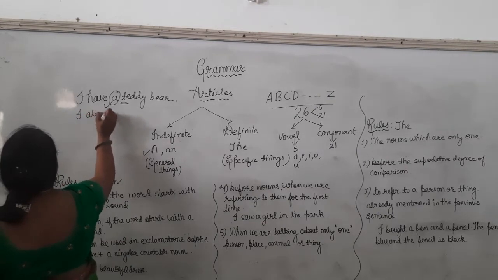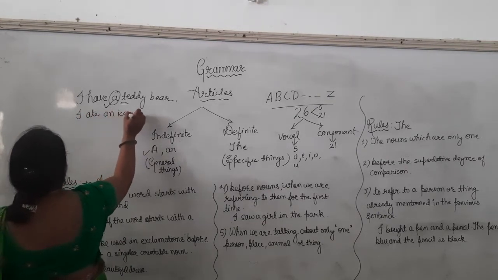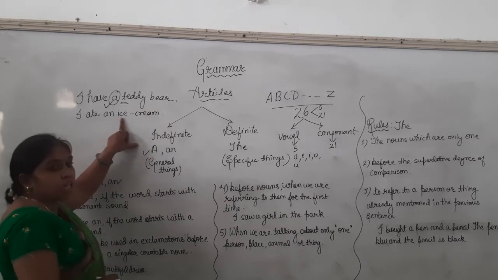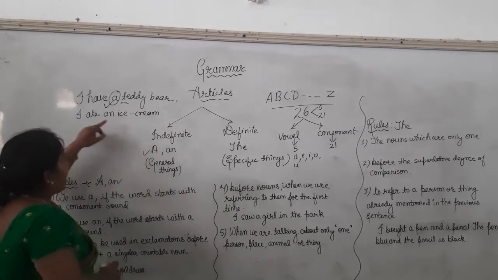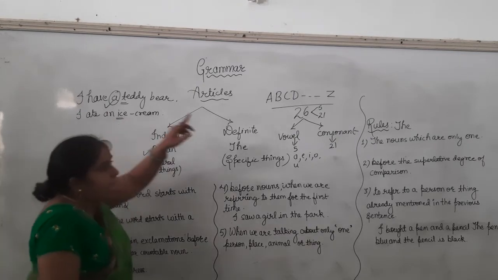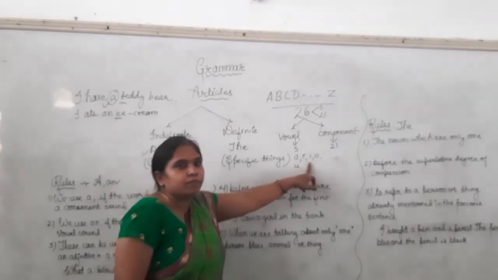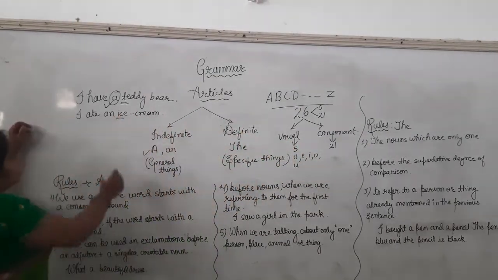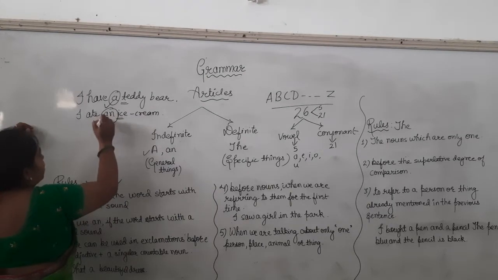I ate an ice cream. Here ice cream is a noun, a thing, and the first alphabet of the word is I, and I is a vowel. So before the vowel, which article will come? An.